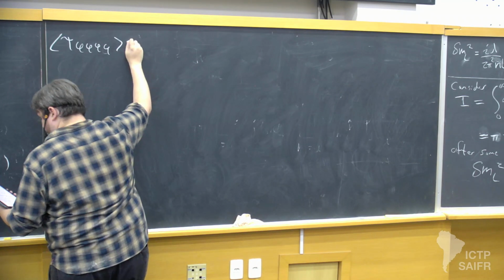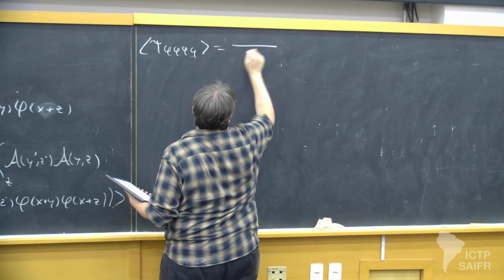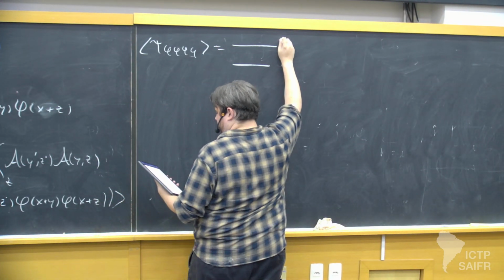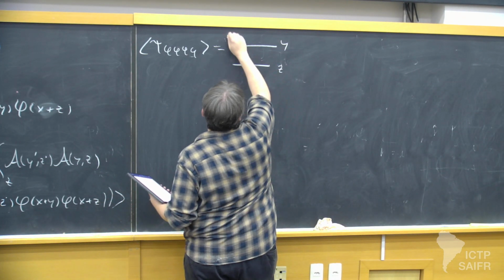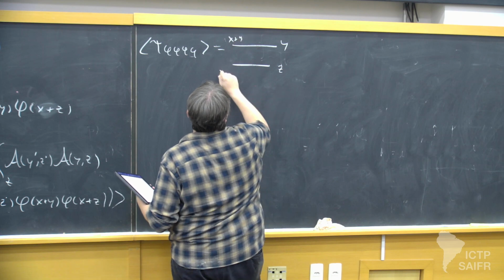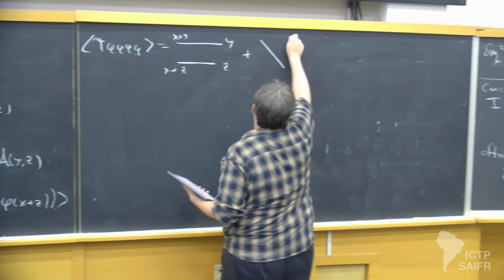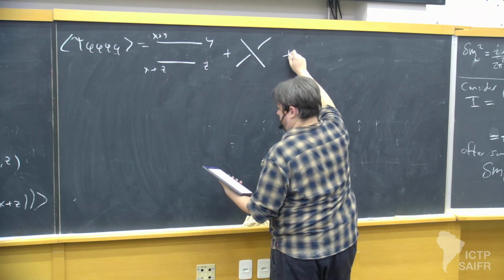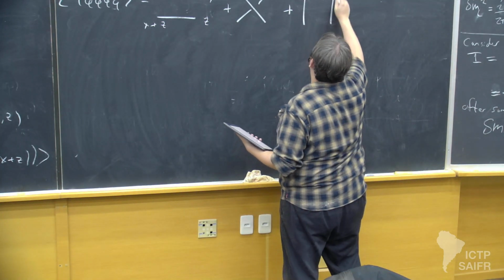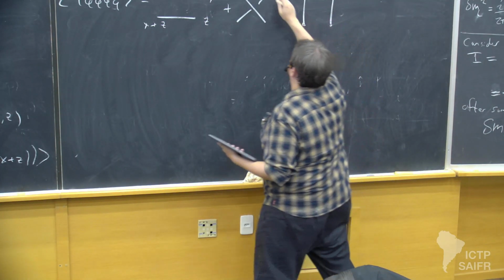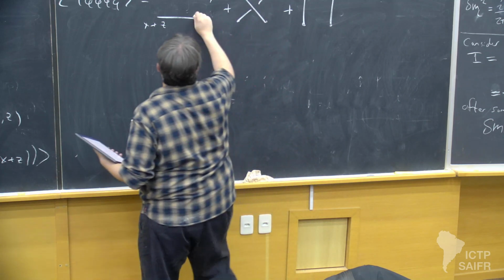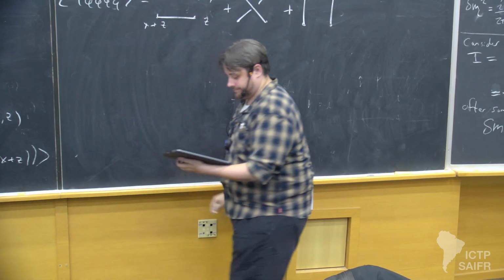So this thing here will look something like yz, x plus y, x plus z, so these are the three topologies we have for this 4-point function.